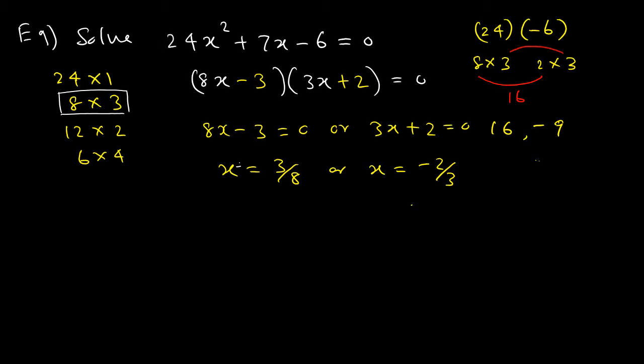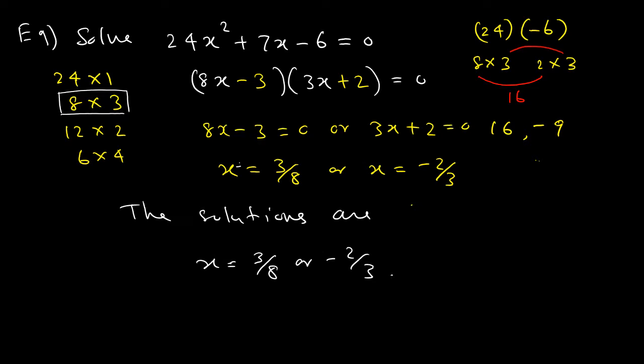So the solutions are x equals 3/8 or negative 2/3. So this is how we use the basic factoring to solve a quadratic equation.